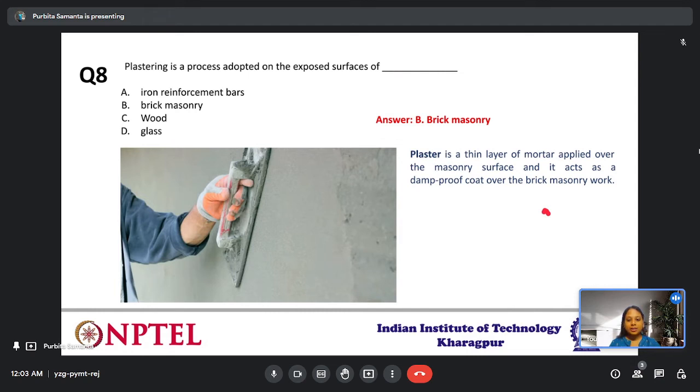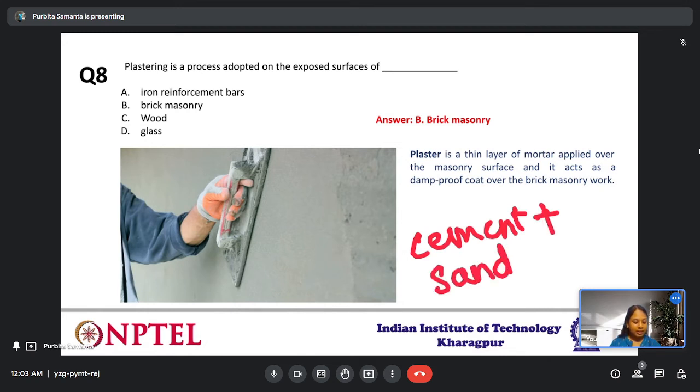The plaster is basically a thin layer of mortar which is applied over the masonry surface, that is the brick masonry surface, and it acts as the damp proof coat as well as provides an aesthetic look over the brick masonry work. And when we say mortar, mortar is basically composed of cement, sand, and water. So this is mortar.